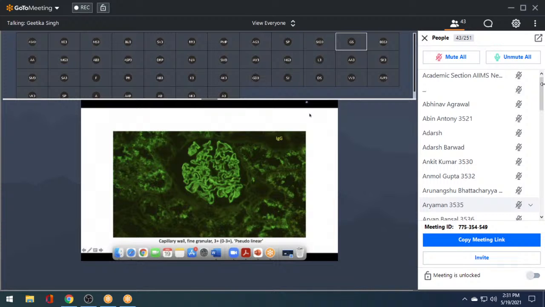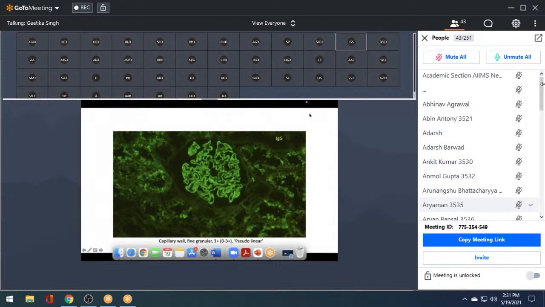Okay. So for the undergrads, when you see your table, you will see both PSGN and membranous will say IgG and C3. Both will have IgG and C3. When you look at the EM, both will say subepithelial. But they are so different, right? Because in the post-infectious GN, you're going to get coarse, granular, irregularly placed IgG.